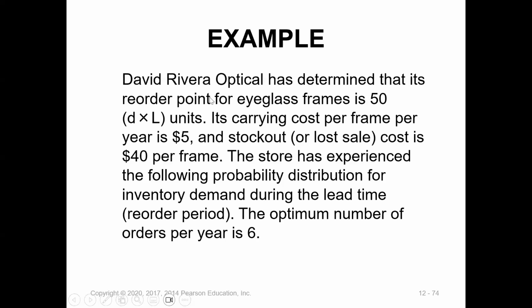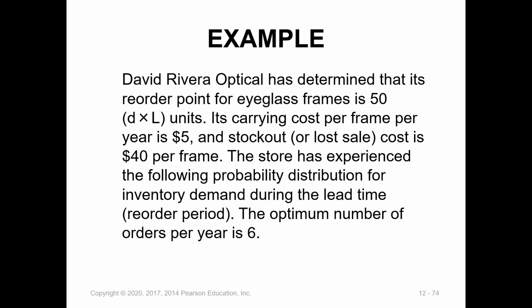David Rivera Optical has determined that the reorder point for eyeglass frames is 50. Its carrying cost per frame per year is $5. That is the cost for carrying each eyeglass. And stockout or lost sale is the difference: a lost sale costs $40. How do they lose a sale?